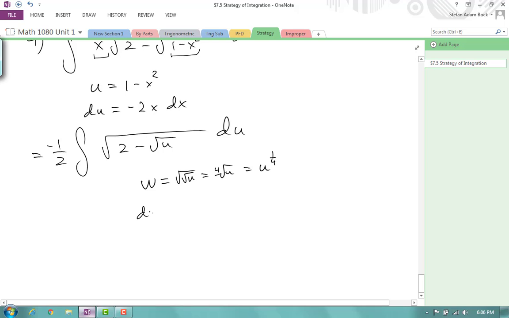Then my dw is equal to 1/4 times u to the negative 3/4 du, which is 1/4 times 1 over u to the 3/4, which is the same as 1 over 4 times 1 over the fourth root of u cubed.